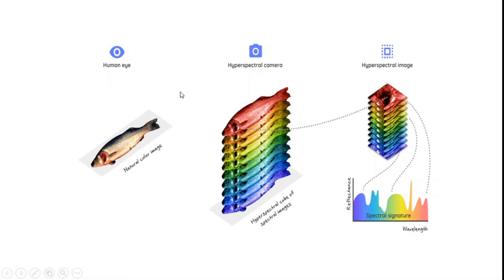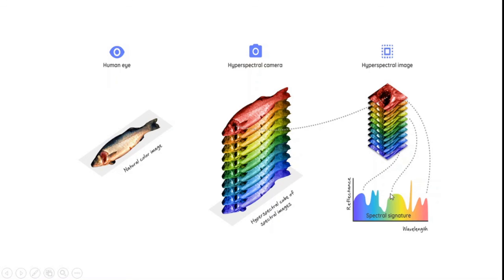But when you use a hyperspectral camera, the fish shows different color bands, from red to orange, yellow, green, blue, and different shades of all these major colors. And when you place this shape of the fish into bands in ArcGIS, ERDAS or QGIS software, you get a spectral signature of the fish.